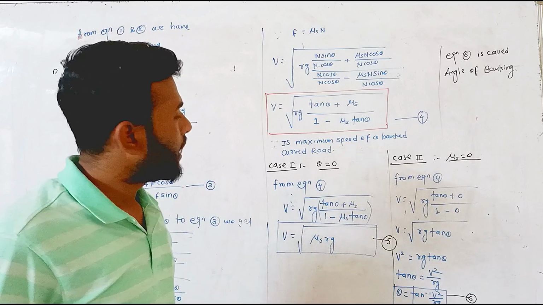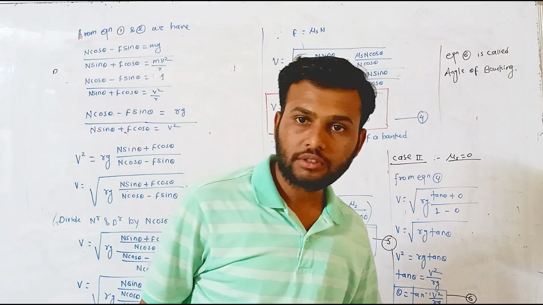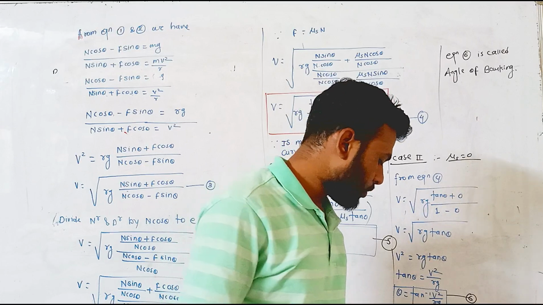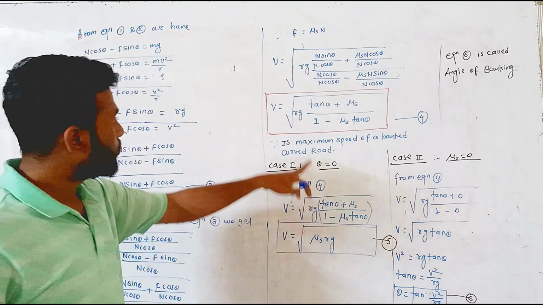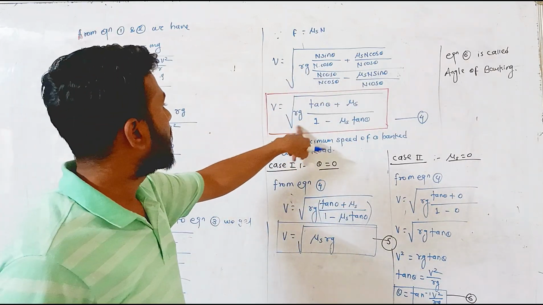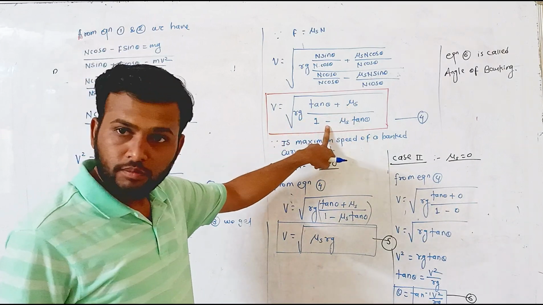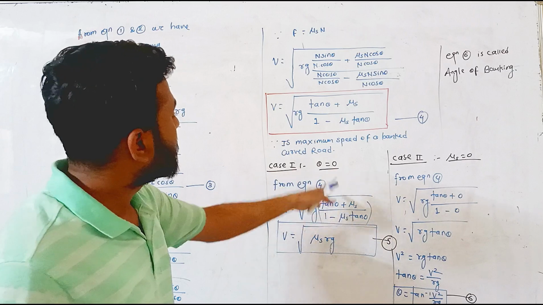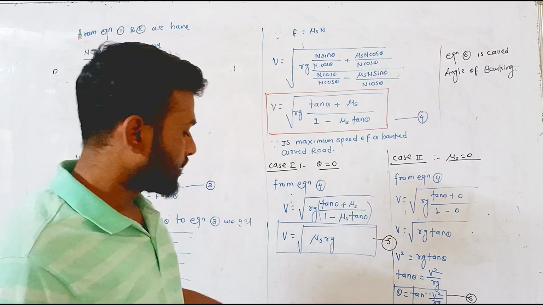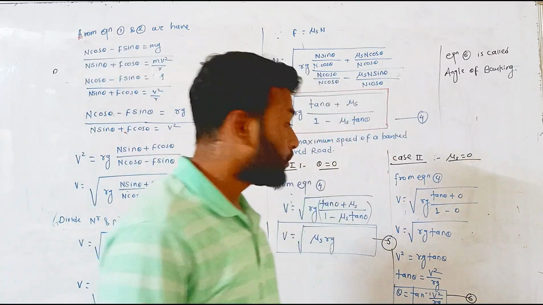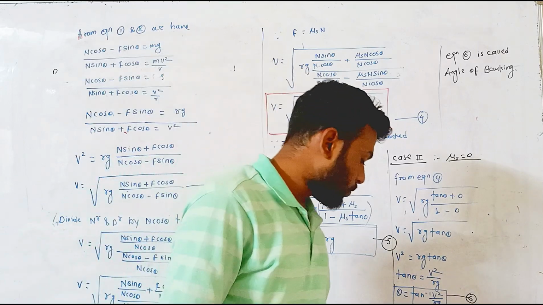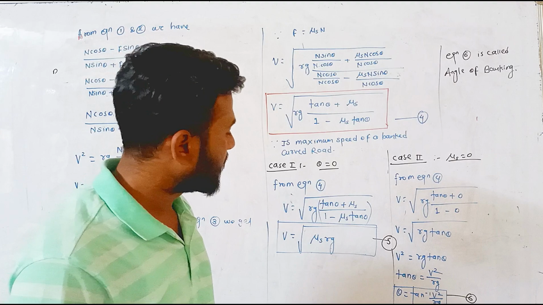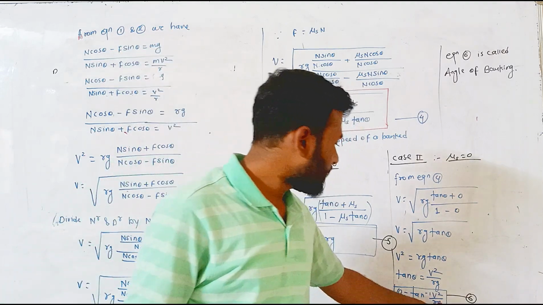Okay. So from the diagram we write these equations, and from these derivations we calculate the maximum speed of a banked car road: v equal to under root rg, tan theta plus mu s upon 1 minus mu s tan theta. We take two cases: in the first case theta equal to 0, and in the second case mu s equal to 0.